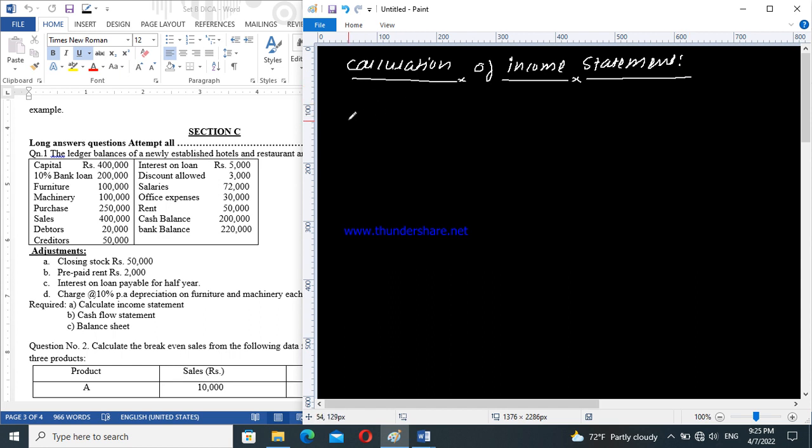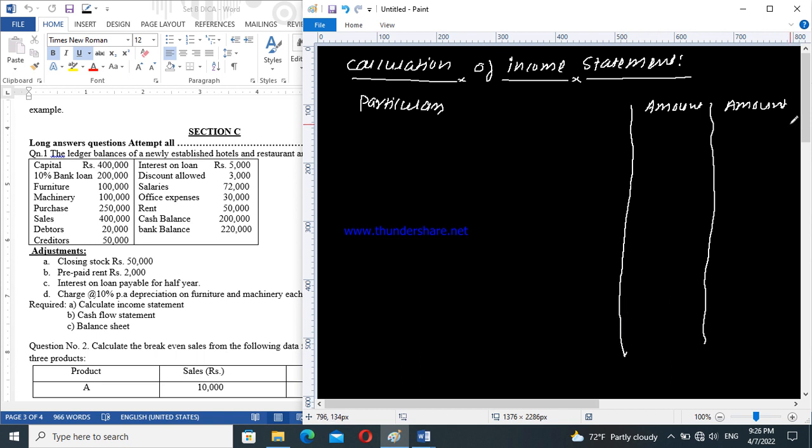And now prepare the figure. Firstly, particulars, amount. This one is detail amount and this one is total amount. You can draw this line from your scale.